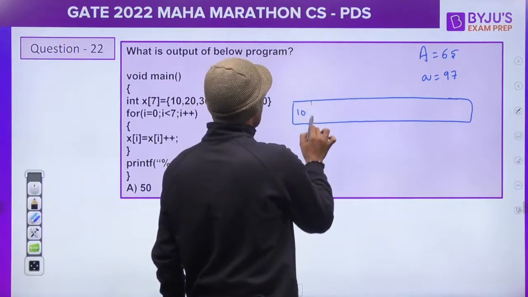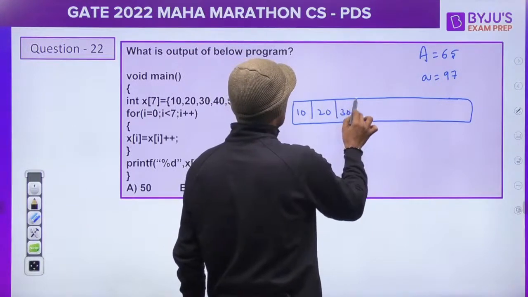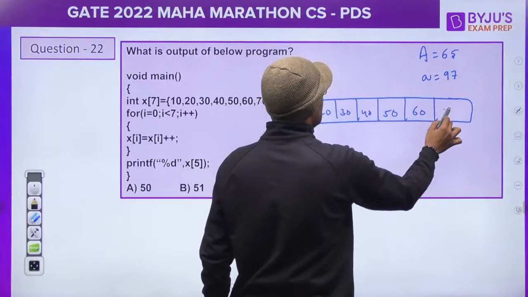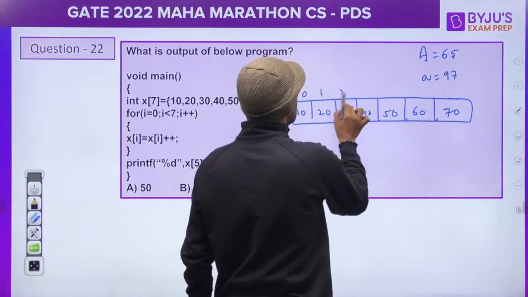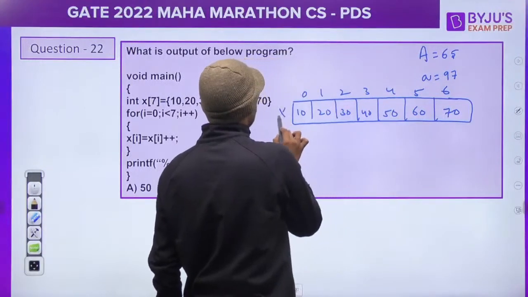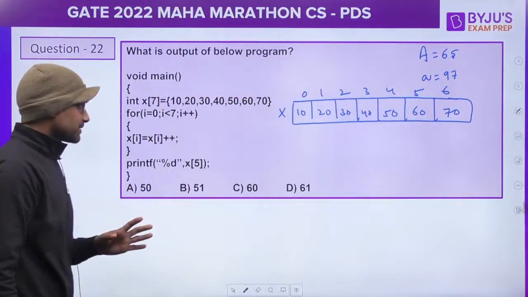So it starts with 10, 20, 30, 40, 50, 60, 70. Starting with 1 to 6 means complete array we are accessing.